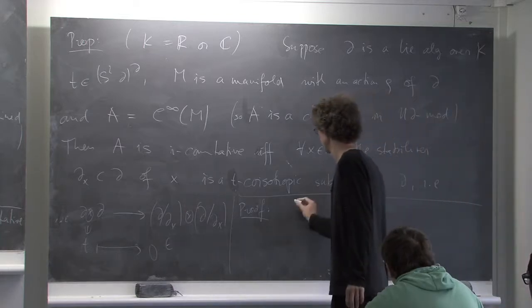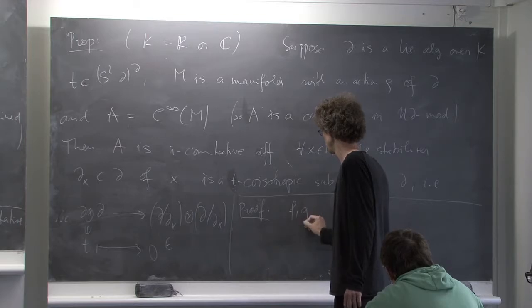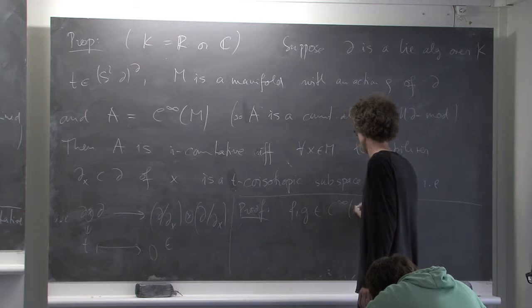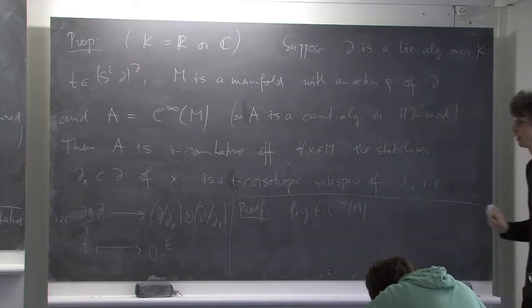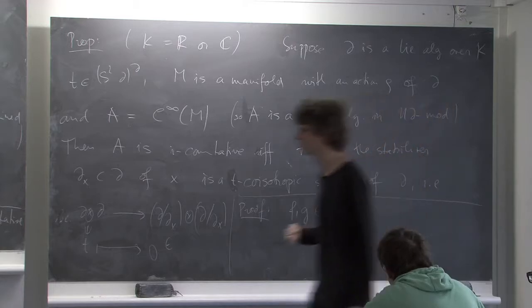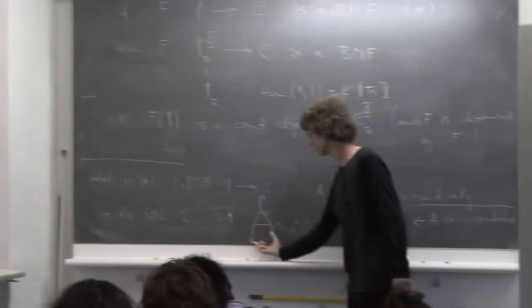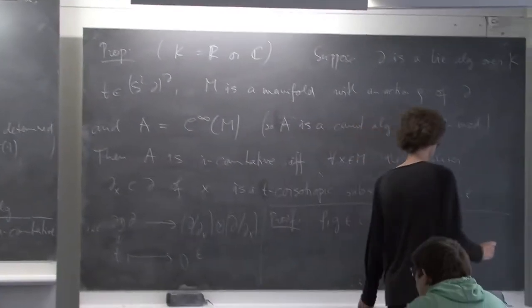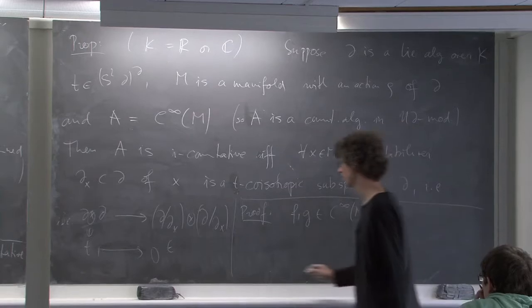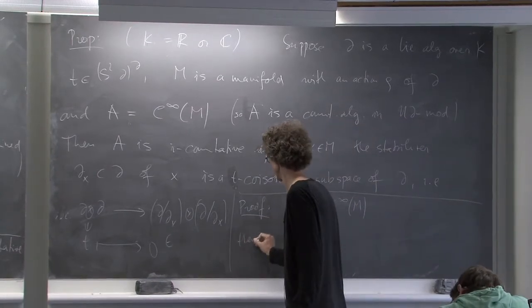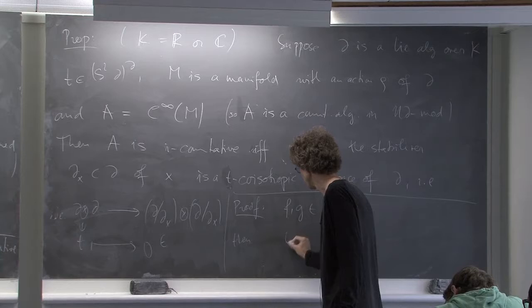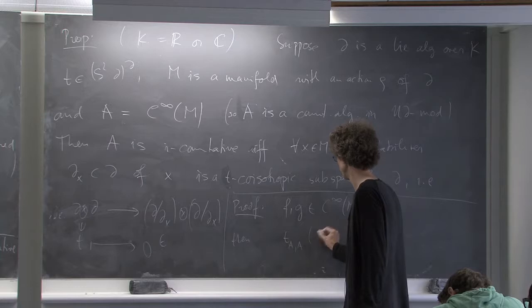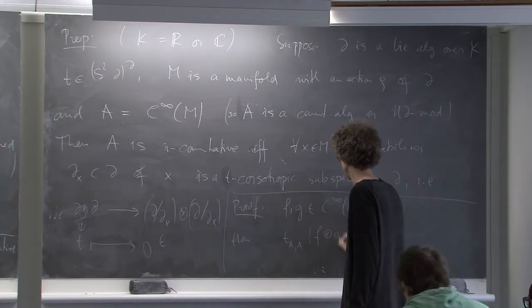We start with f and g, two functions in C infinity of M, and then we need to apply T. We apply T, whatever A⊗A you wish, to f tensor g.